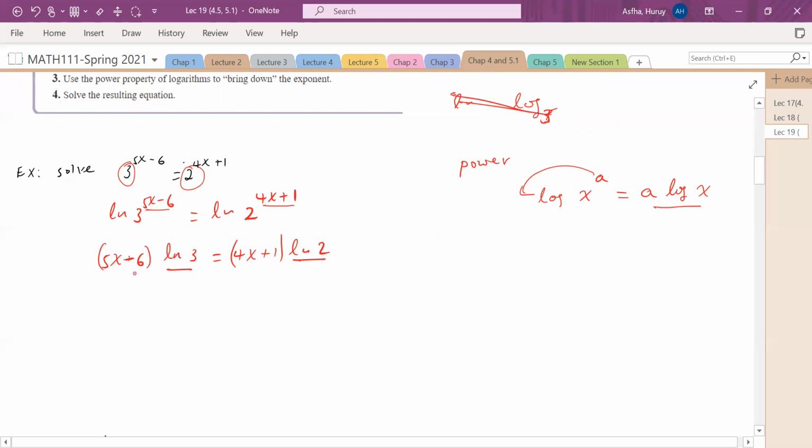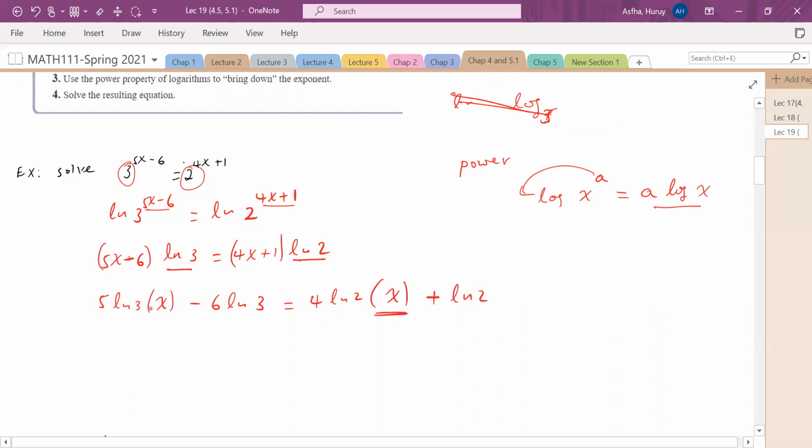Now we distribute so that we can bring the like terms together. I have 5 ln 3 times x minus 6 ln 3 equals 4 ln 2 times x plus ln 2.